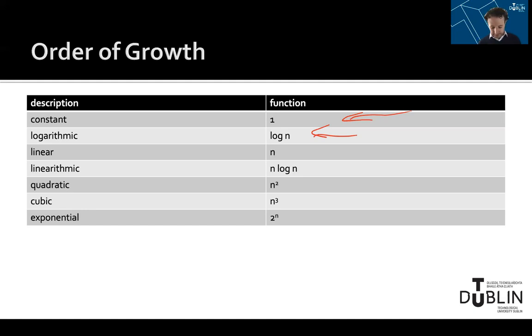So it's log base 2 n. Linear is the one we've just spent a bit of time with. It's like a line. N log n is a bit slower. N squared, as we just said, gets very expensive. And then n cubed is too expensive to even bother with. And exponential is, well, insanely expensive.